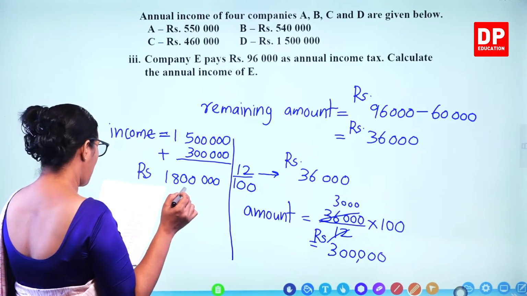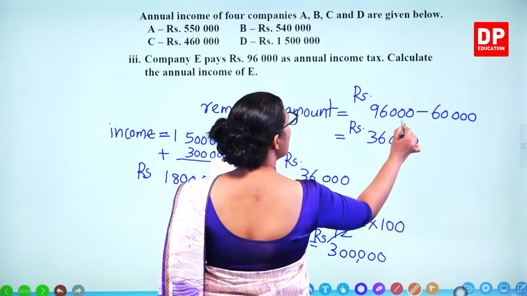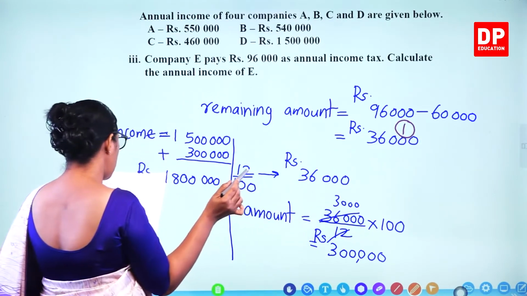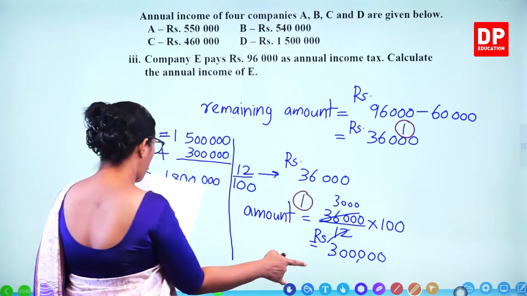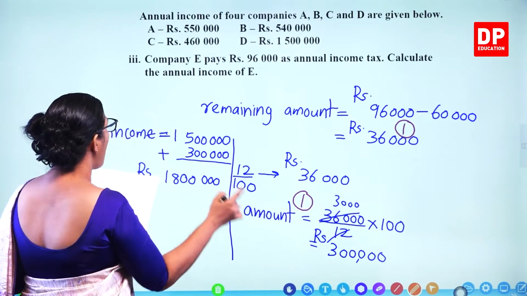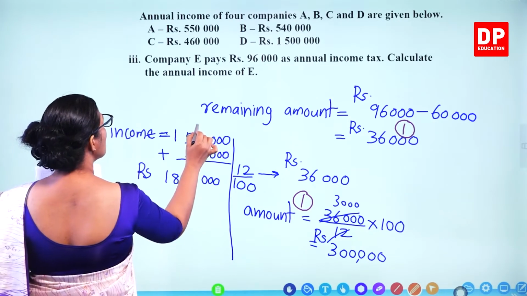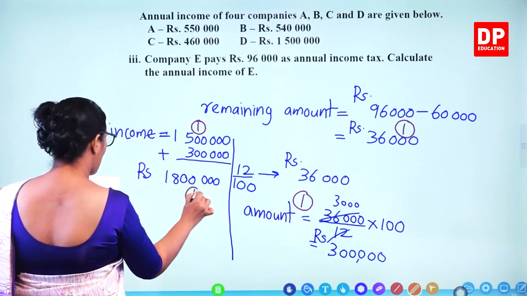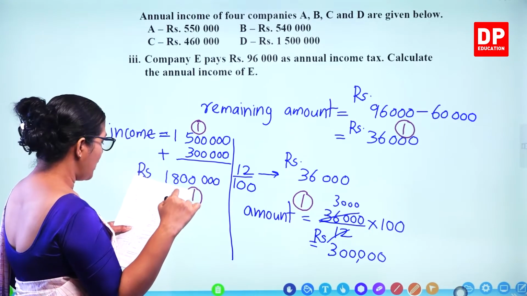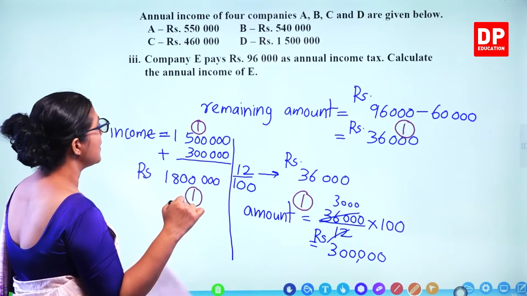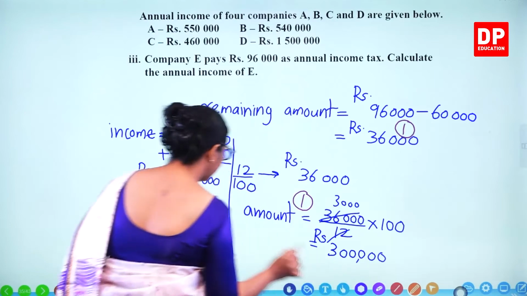How do you get marks? 1 mark for finding the subtraction, 1 mark for finding this 300,000 rupees, 1 mark for just doing the addition, and 1 mark for the final answer. So 1, 2, 3, 4. 4 marks for this. Let's do the last part.